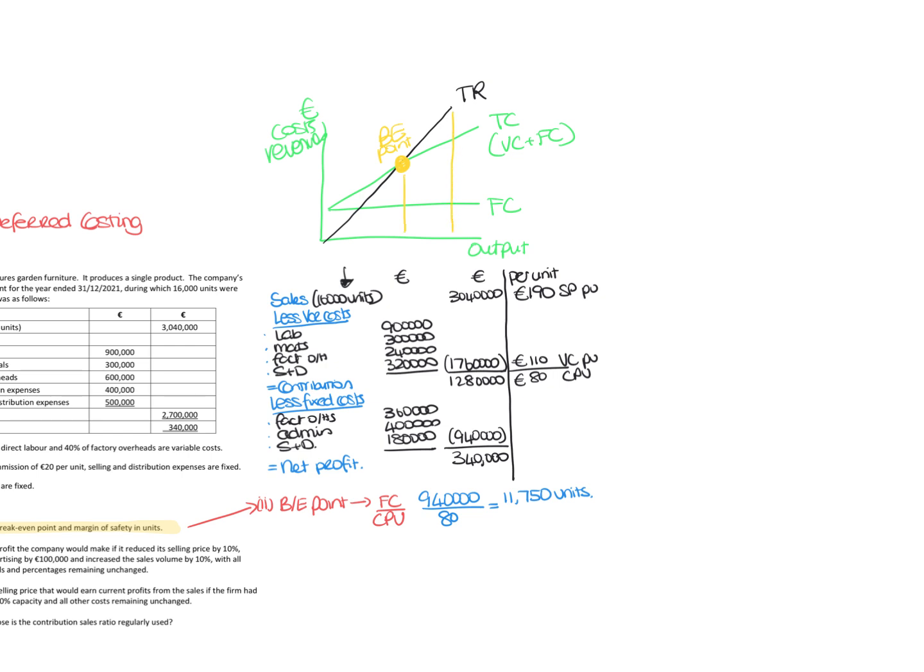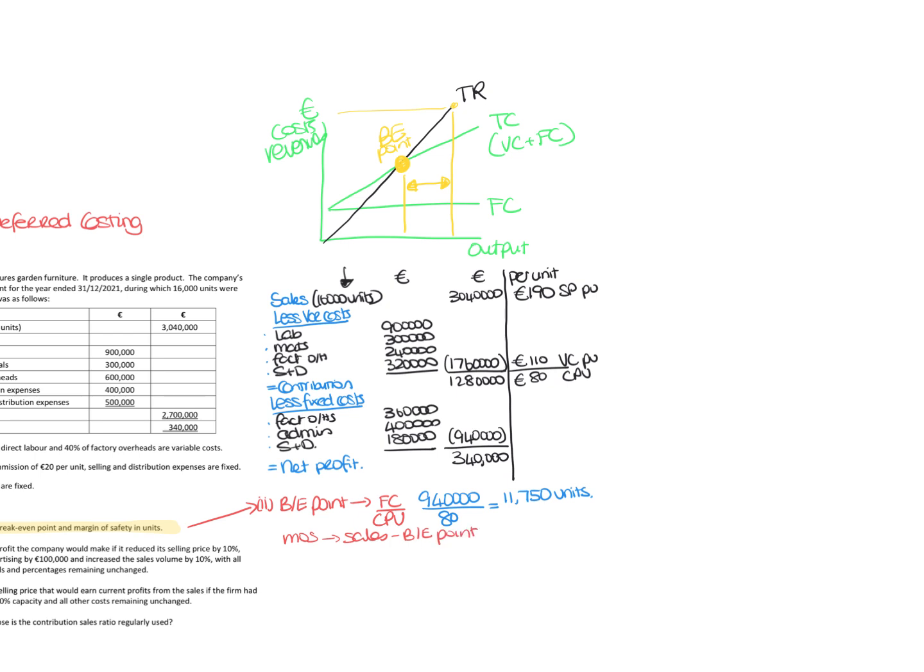Now, this is my margin of safety. This is my estimated amount of units, money that I'll be making from the sales. Okay, it's how much my sales can drop before I'll start making a loss. So my margin of safety formula is sales minus break-even point.